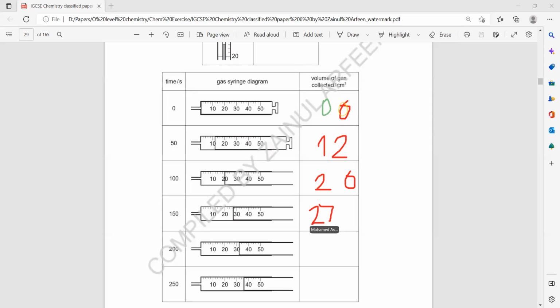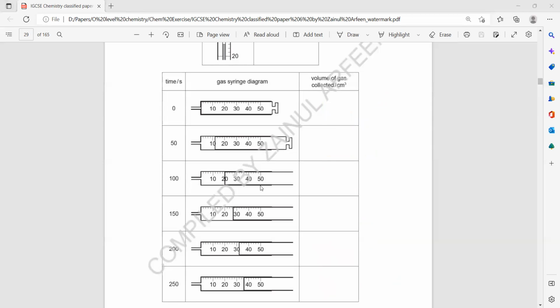Yes, that's right. The first one was 0, that's correct. Then 12, then 20, then 27, 32, and 36. So these are the volumes of gas which we recorded.